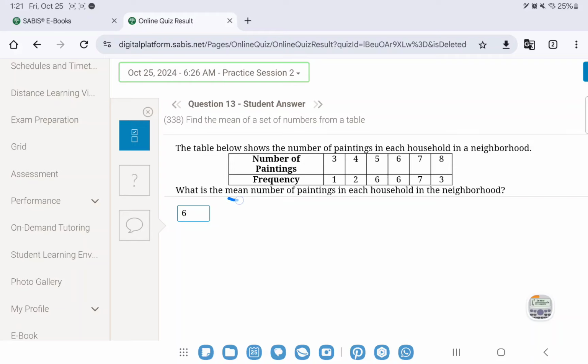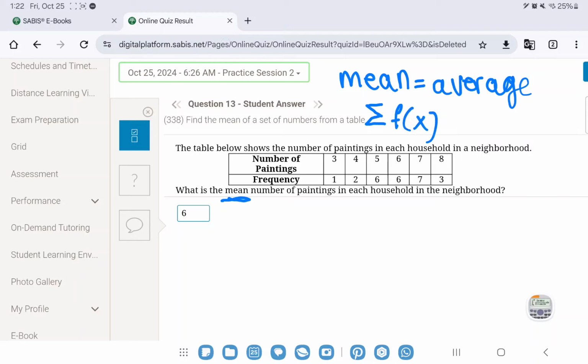So what's the mean number of paintings? What's mean? Mean is equal to average. That's what mean means. So to find the mean, you do sigma f of x over sigma f.